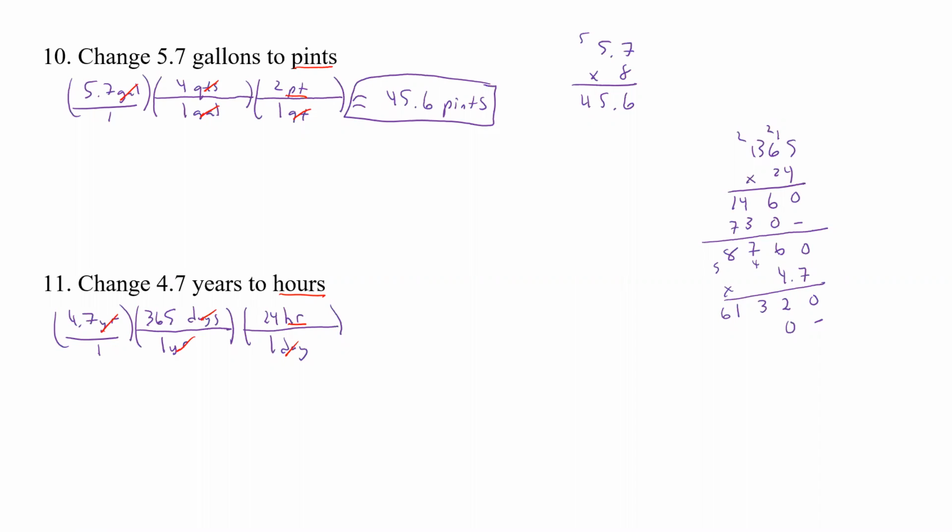And then 6 times 4 is 24. And then 28, 29, 30, 32, 33, 34, 35. So we have 0, 2, 7, 1, 11, 4, move the decimal 1 place.